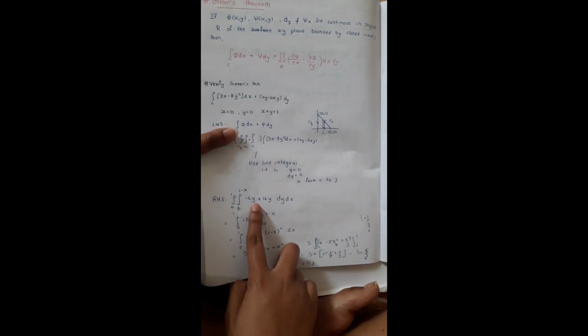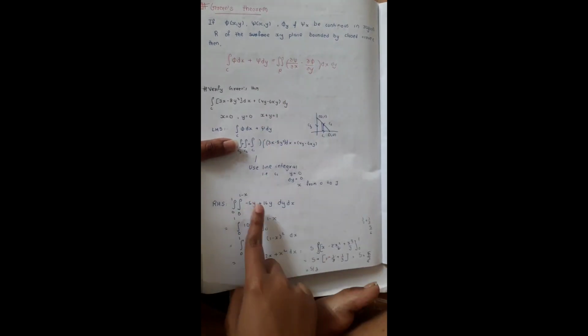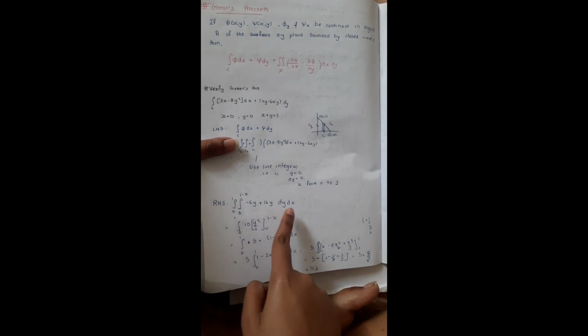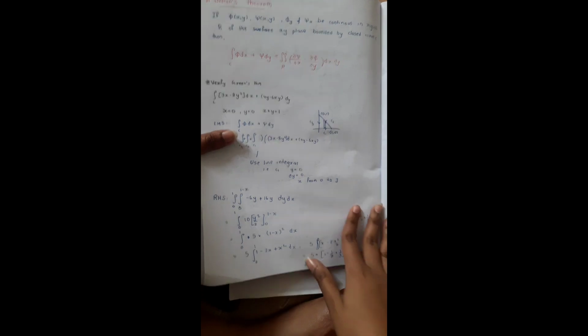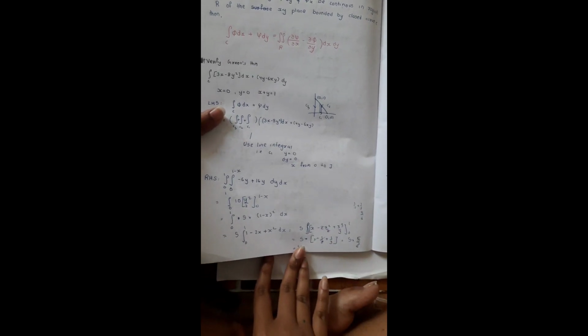Already my one minus sign is there, so minus minus would be plus 16y. So this whole thing into dy dx. Now just solving this, I'll get the answer as 5 by 3.